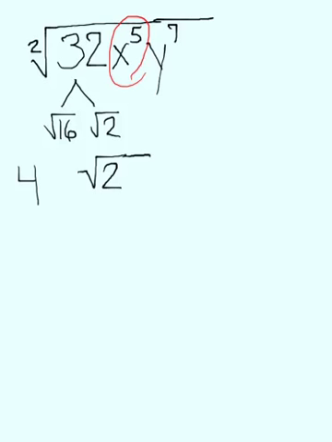You could write out 5 x's and group them. Some of you might be able to do it in your heads without writing it out, but make groups of 2 because you're doing a square root.